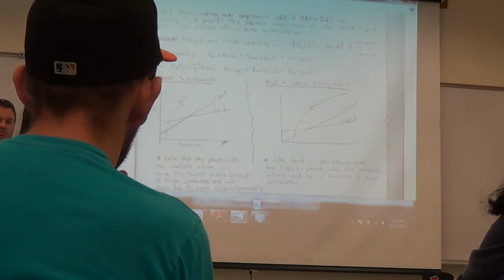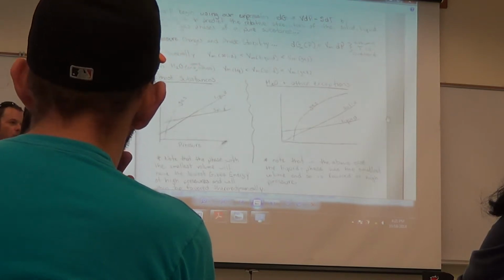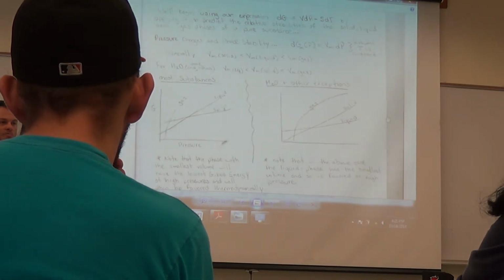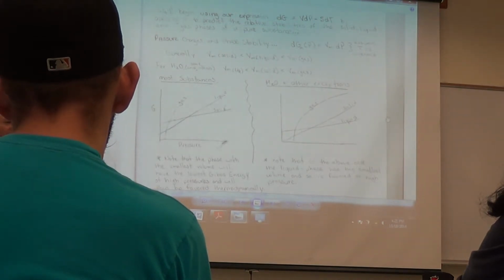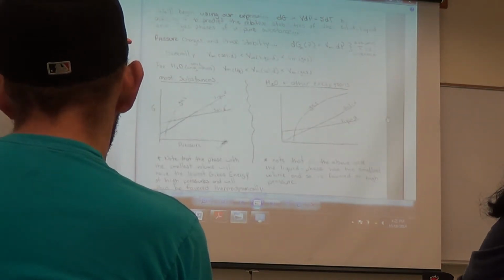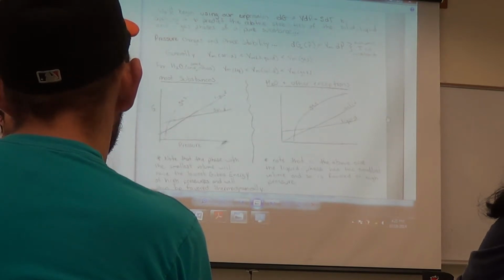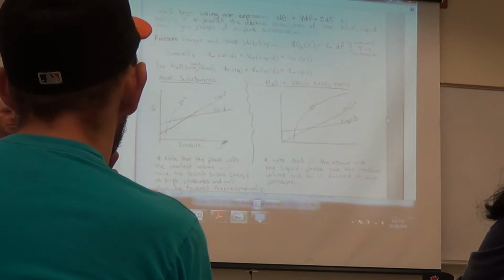If your system is being pushed on with high pressure, it's going to respond by contracting, right? By getting smaller. And so it turns out that an increase in pressure will end up favoring the phase that has the smallest volume. And that's simply because you push on something, it responds by contracting.